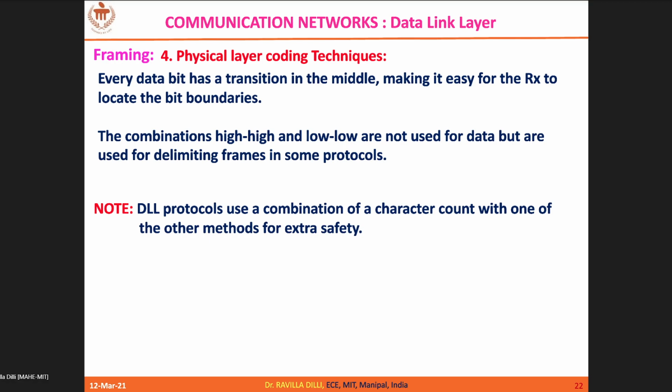This framing that we are doing at the physical layer is the representation we do in the physical layer, so it is called the physical layer coding technique. But the function that we are implementing is framing. So this is the first function of the data link layer.